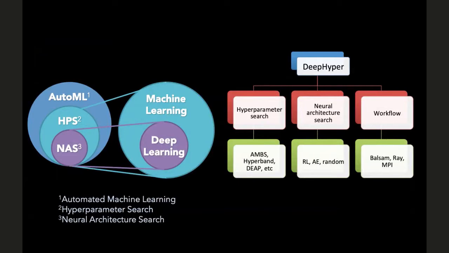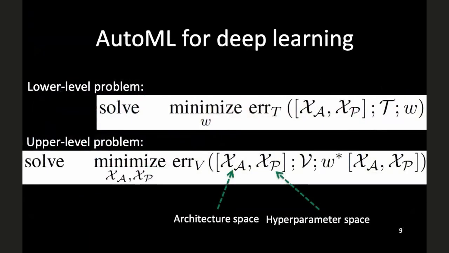The key ingredient for that is the Balsam workflow manager, which hides the complexity of scaling this on big machines. So we have integrated DeepHyper with Balsam, and Balsam is responsible for taking different hyperparameters and evaluating them on different nodes of Theta and giving the results back. Okay. So these are the 3 components, and we will be focusing on hyperparameter search and neural architecture search.